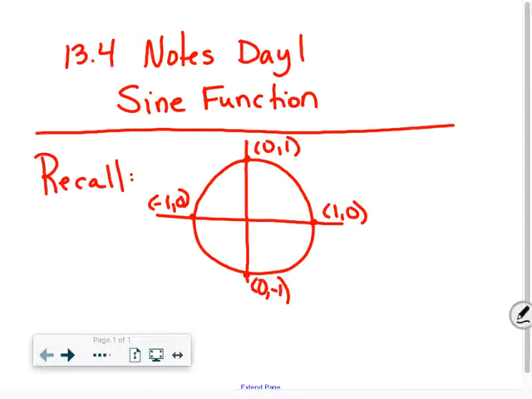Now what this relates to is at 1, 0, that's at 0 degrees. 0, 1 is at 90 degrees. Negative 1, 0 is at 180 degrees. 0, negative 1 is 270 degrees. And a full rotation at 360 degrees is still at 1, 0.